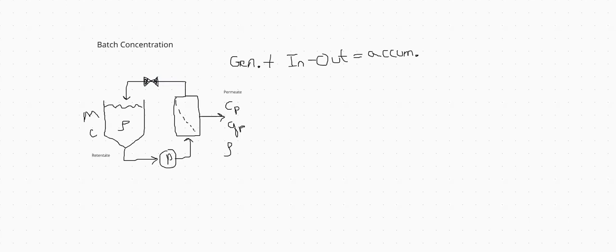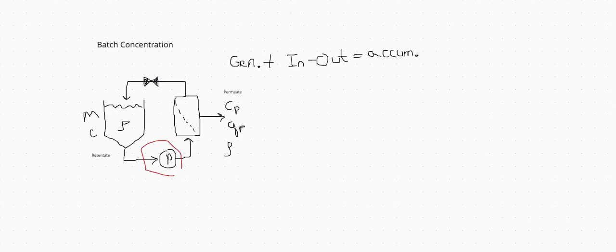So I have here a drawing of a TFF system. What you can see is that we have a retentate vessel here that has the properties of some mass, a concentration, and density of your solution that contains your protein or solute that you are concentrating.